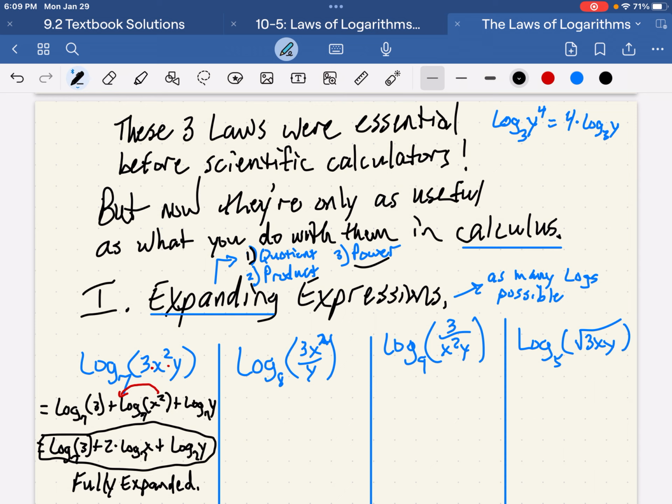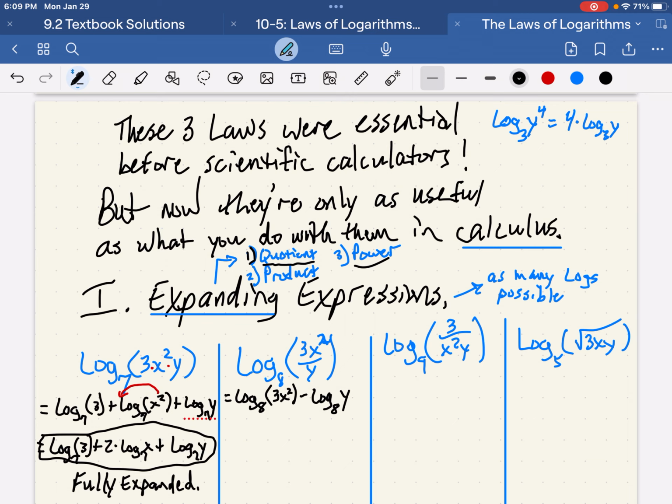Log base 8 of 3x squared divided by y. You'll notice I can apply the quotient rule and say that this is equal to log base 8 of the numerator 3x squared minus log base 8 of the denominator. Okay, so now we've got a couple of logarithms.